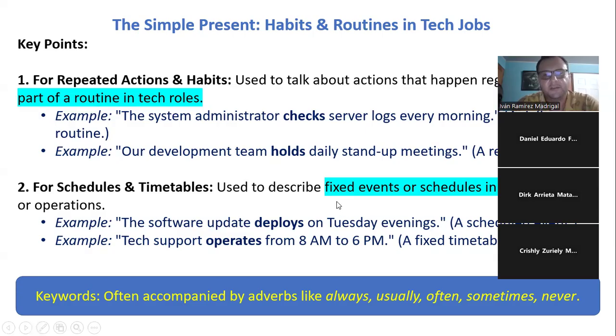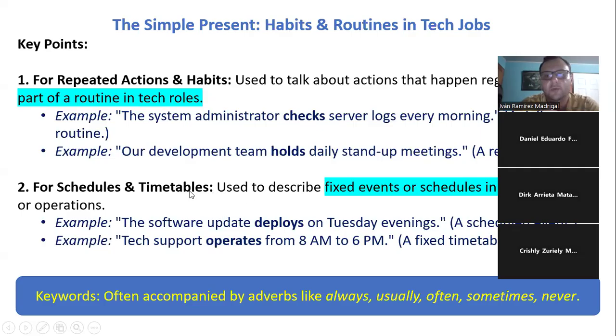And this also applies for the filters. When I say the software update deploys on Tuesday evenings, if it's been programmed to do so, right, this is the fact. If this is constant, it's stable, right? It seems so routine because it's Tuesday evenings that it seems to us repeated actions. We have it. And now it's been given a set time.